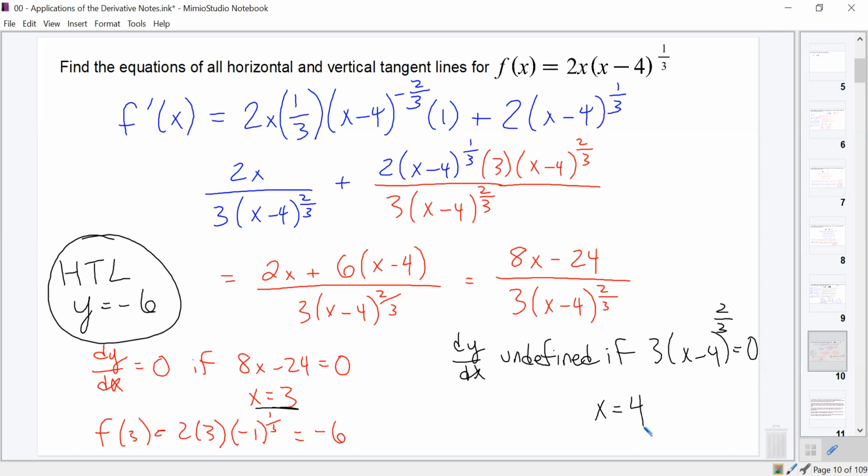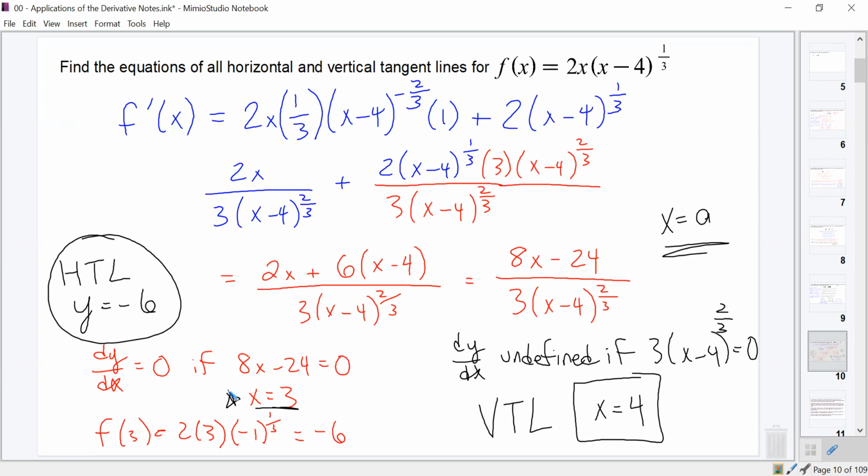And since the equation of any vertical line is always just x equals a, we don't really need to go back in and evaluate our function for anything, because we've already got x equals 4. And that is our vertical tangent line. And as we'll see down the road a little bit, we'll also want to make sure that doesn't make the numerator equal 0, but we know it doesn't because we found that the only thing that made the numerator equal 0 was x equals 3.